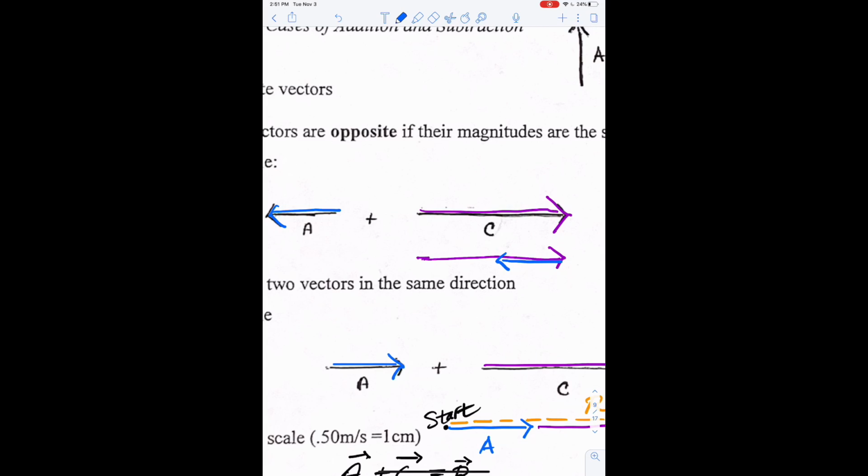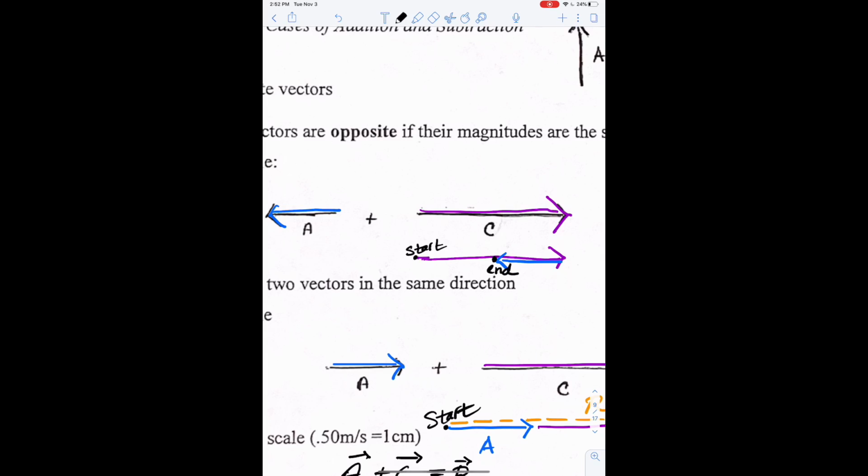Now we can see the tail of blue, or A, is near the head of C, which is purple. Now if I walked this like a treasure map, where would I start? Well, I'd probably start right here. Then I'd follow the purple vector to the right, and then I'd come back with the blue vector and end right here.